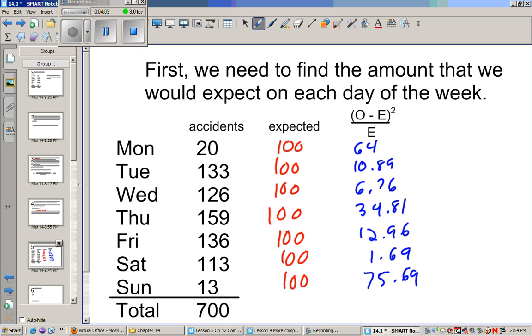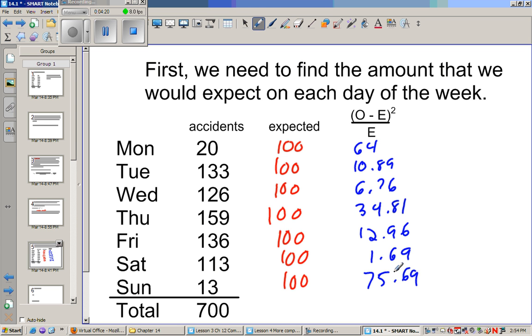Now, these values are the highest the further they are away from the expected value. If they're close, like 113, you can see that this value is very small. But if they're further away, like 13, you can see that this value is high.